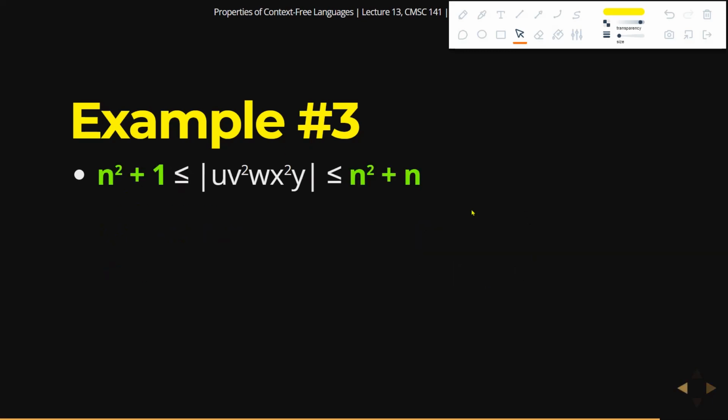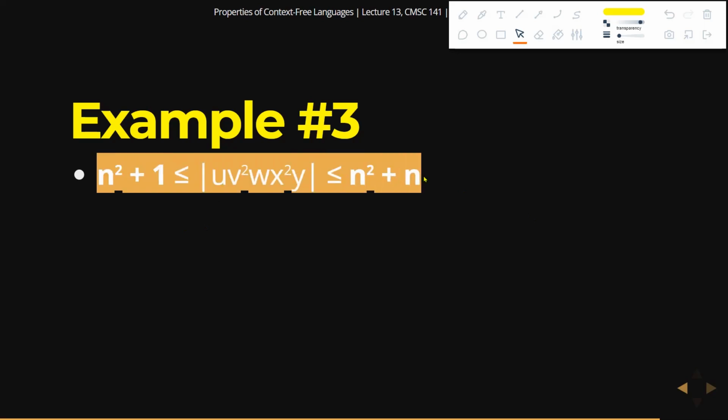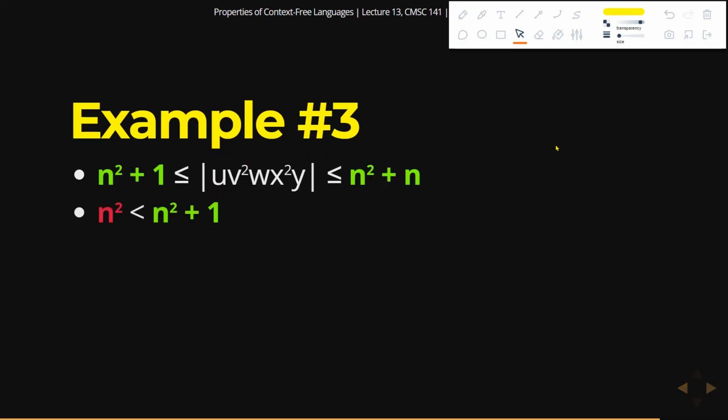So this is the inequality. But we know that n squared is less than n squared plus 1, because of the plus 1 here. And then n squared plus n is less than n squared plus 2n plus 1. Why is that? Because this one is just n, this is 2n, and then you have the plus 1. So of course this will win out. But what is n squared plus 2n plus 1? This is just n plus 1 squared, right?